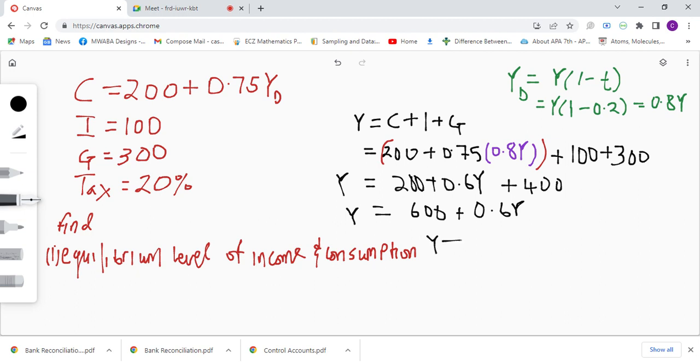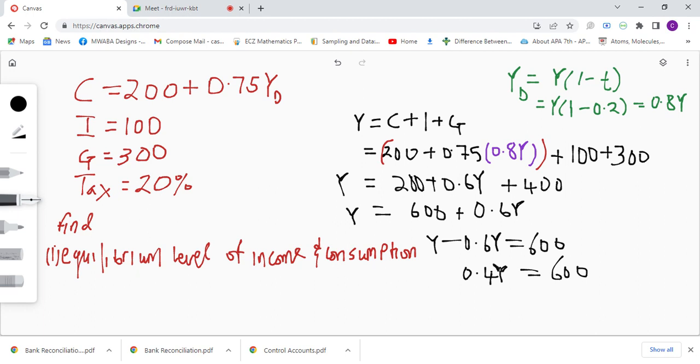So we're going to have Y minus 0.6Y equals 600. So 1 minus 0.6, that's 0.4. So we remain with 0.4Y equals 600.